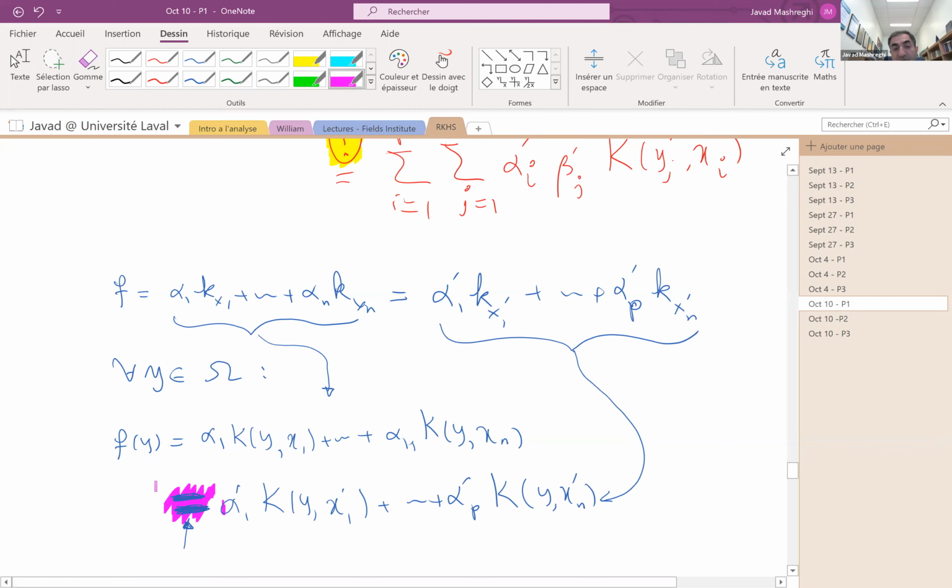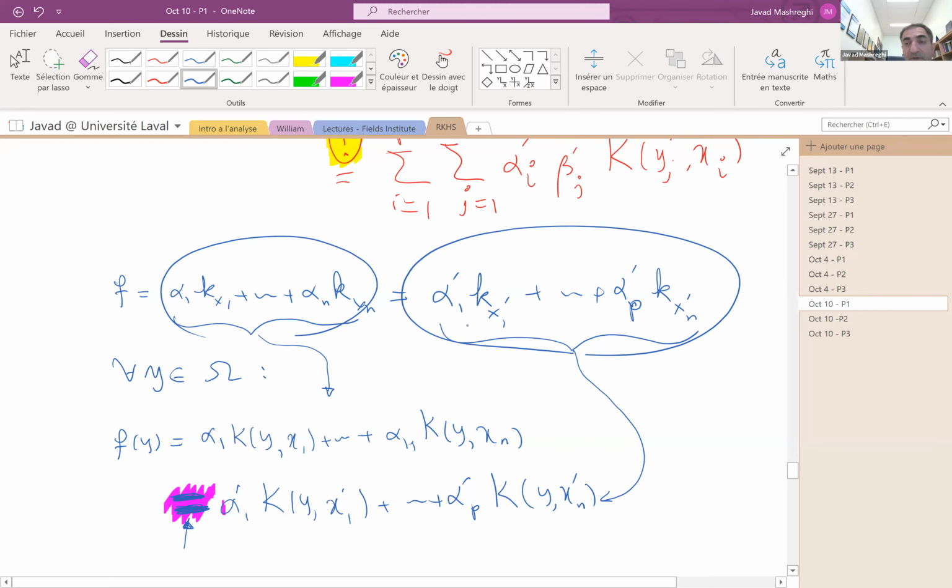So remember this. It is true that you may have many different representations, like the one here or the one there. But when you evaluate at different points of omega, you should get the same value. That is why I have this combination equal to this combination.